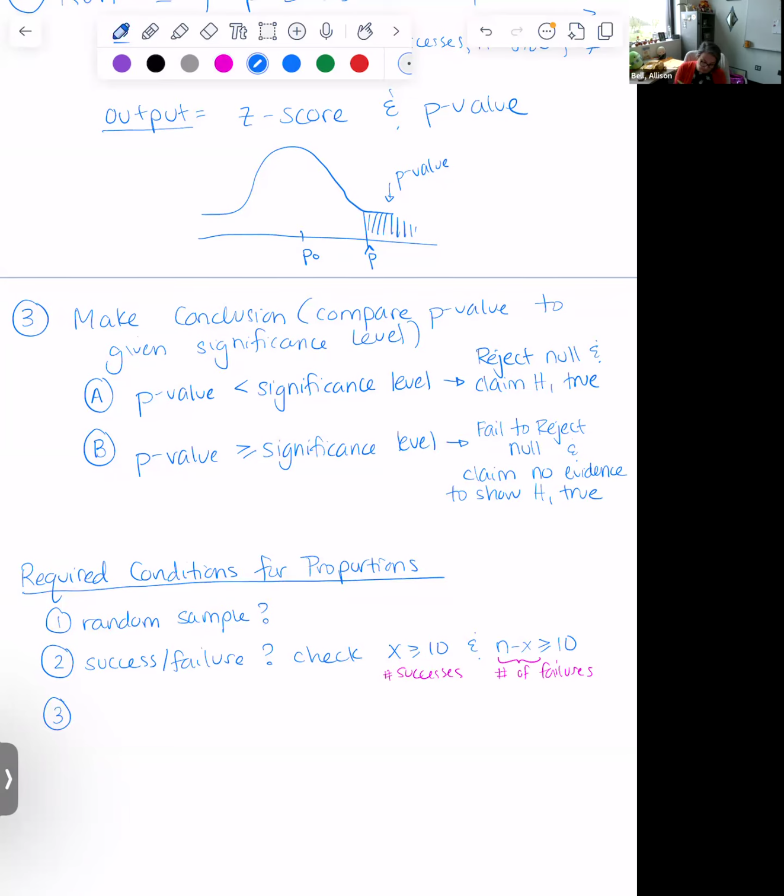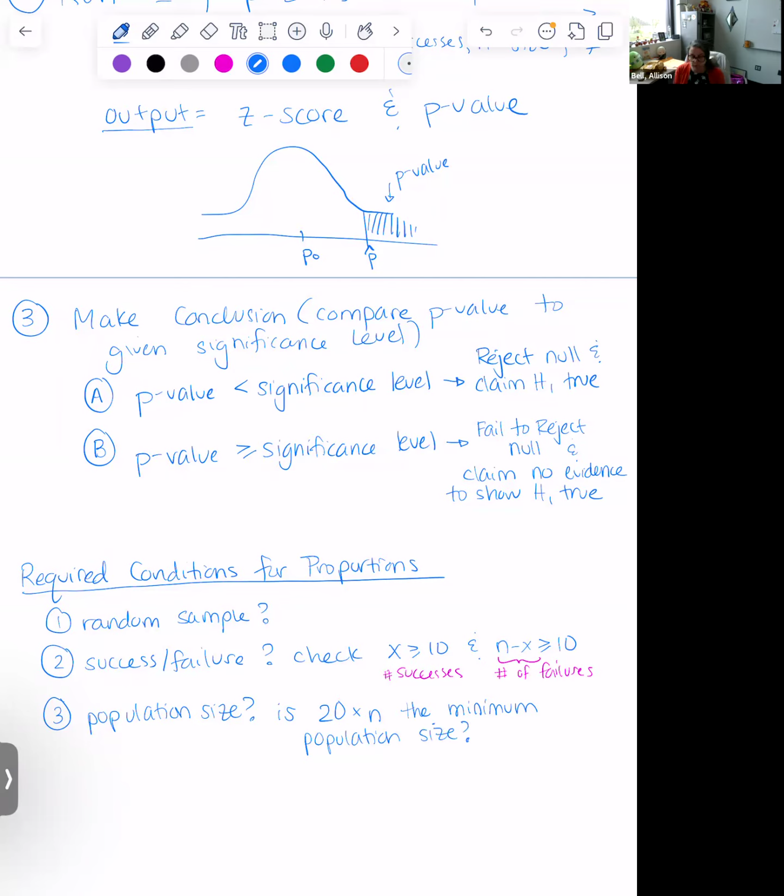And then finally, we check is the population size large enough. So this is a little bit trickier. So we say, is 20 times N the minimum population size?